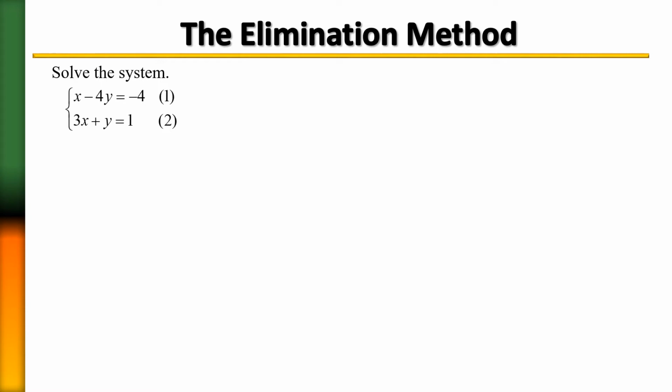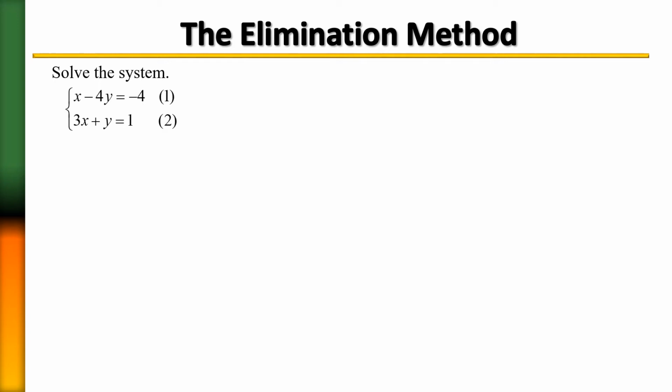So notice in equation number 1 it is the x that has a coefficient of 1. For equation number 2 it is the y that has a coefficient of 1. So either one of those you can choose to eliminate. And that's why they call this the elimination method, because you have to eliminate one of your variables.